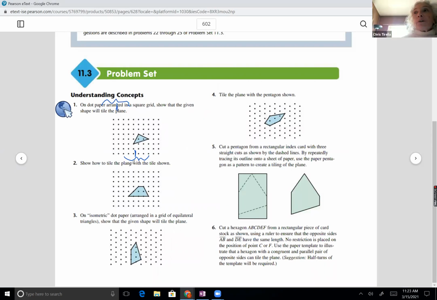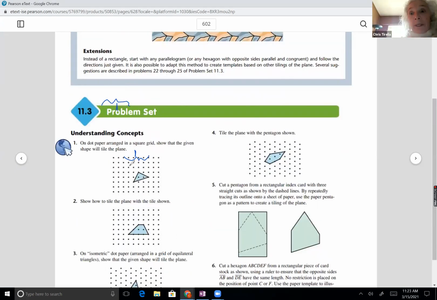Half turns means you're going to have to rotate your index card in order to get all of the puzzle pieces to fit together. So you're not going to just slide your index card over. You're going to have to turn it a little bit in order to get those shapes to fit together.